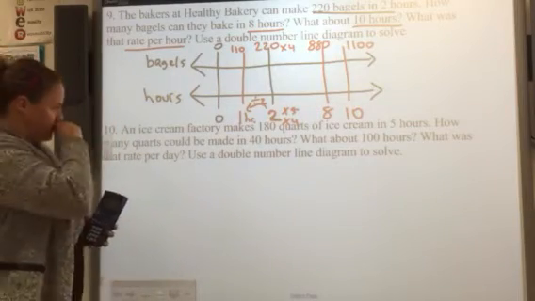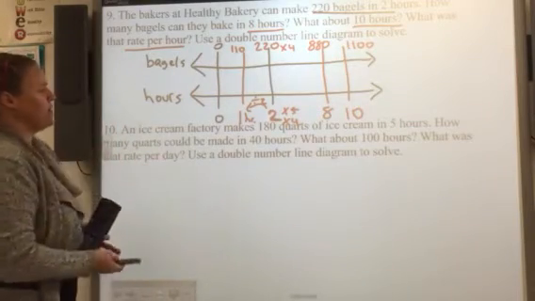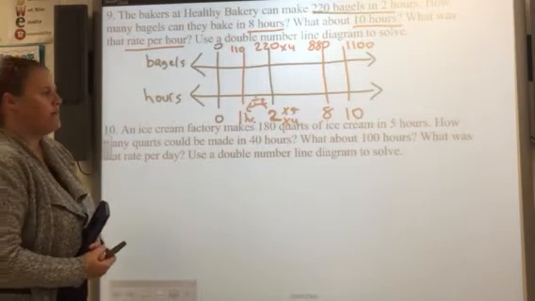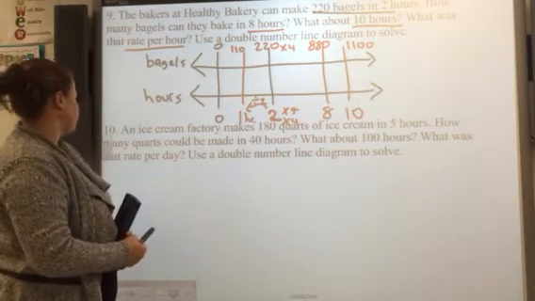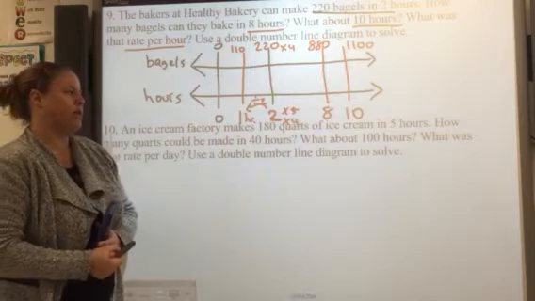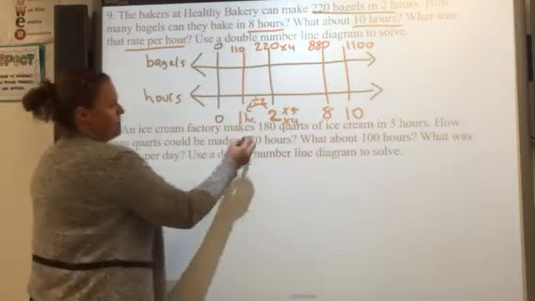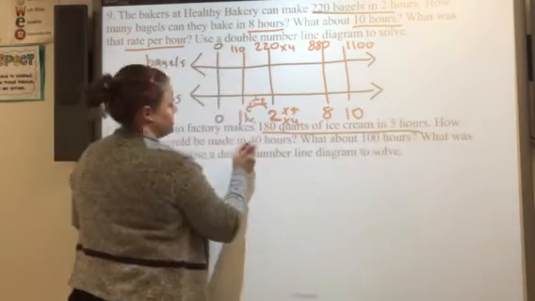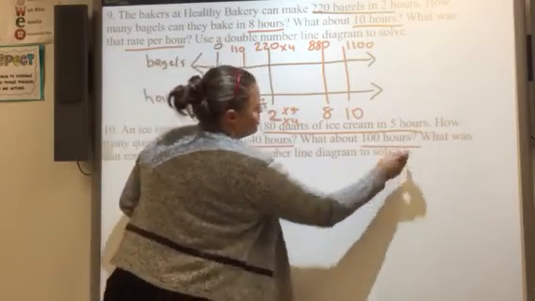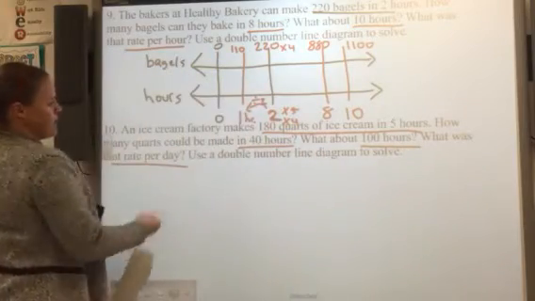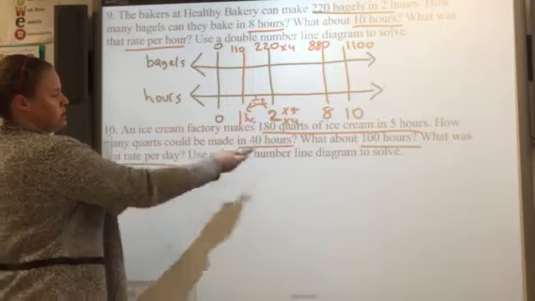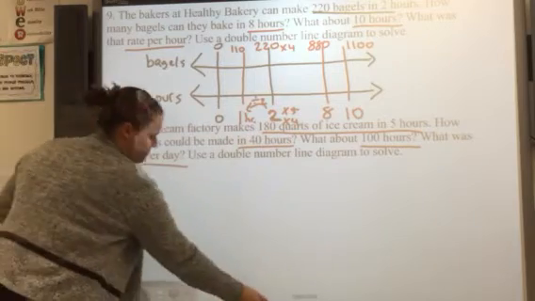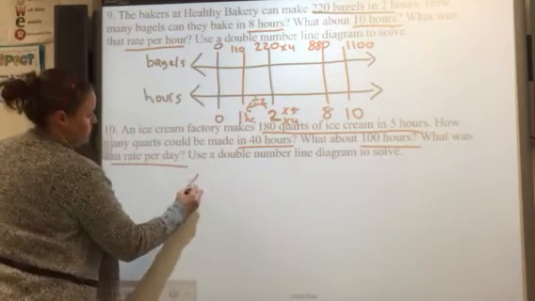Number 10. An ice cream factory makes 180 quarts of ice cream in 5 hours. How many quarts could be made in 40 hours? So we have 40 hours, 100 hours, rate per day, which is the unit rate. So using the double number line once again.